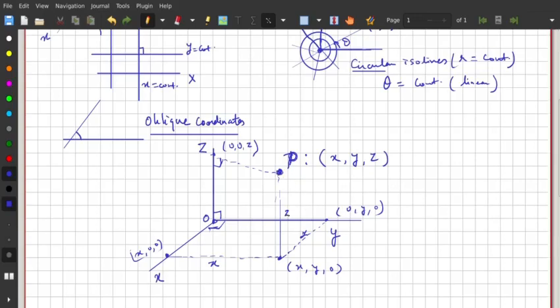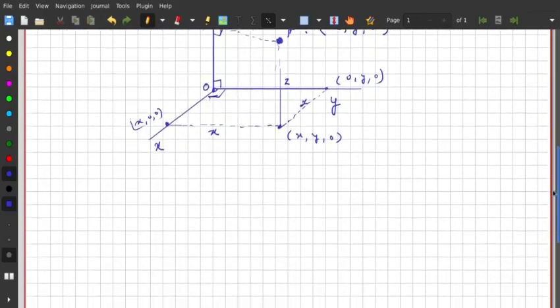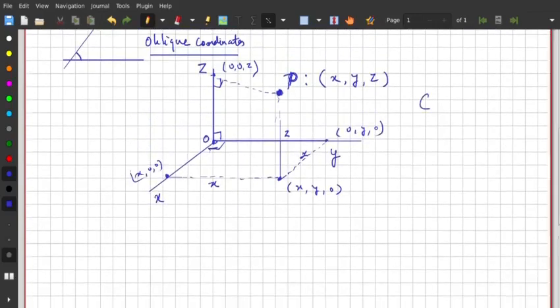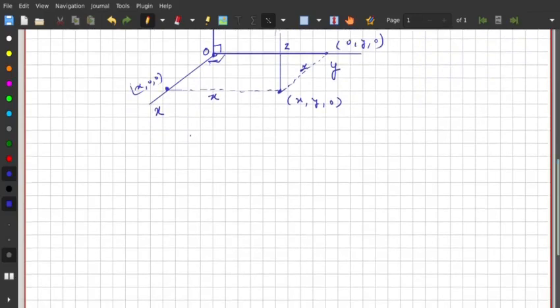The same point can be represented in a cylindrical coordinate system in a different way. So this is the Cartesian coordinate, and now let's do the cylindrical coordinate system.